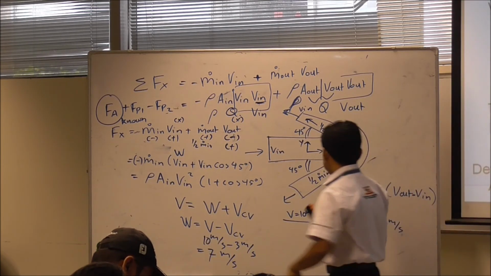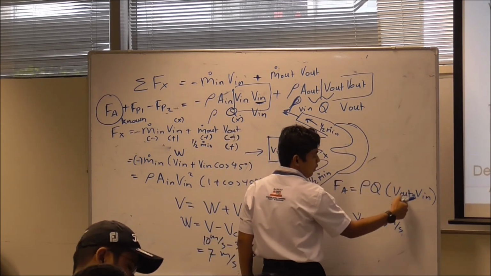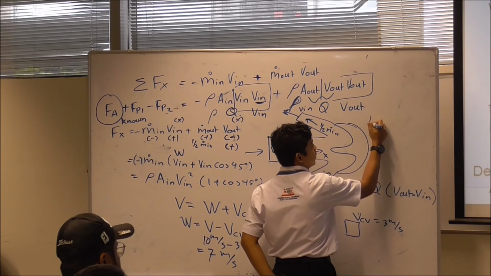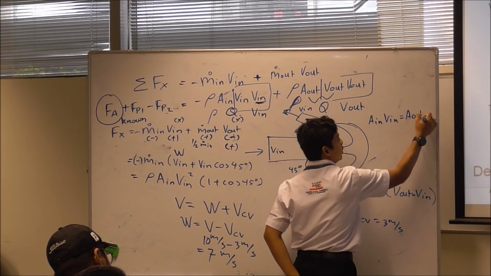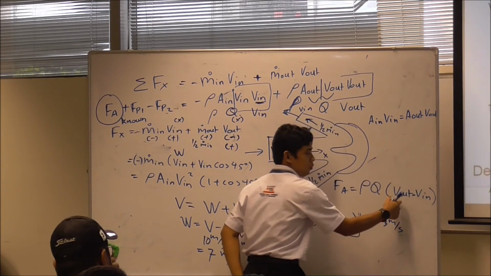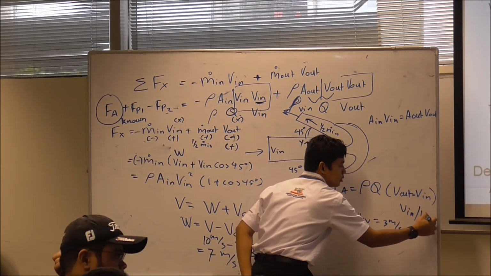Okay, so you need to take that into account. And then the relation between P out and P in is that A in, P in, A out, P out.